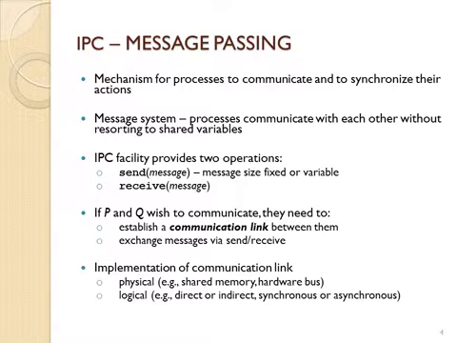Do the processes have to wait for each other to get the messages? Do the messages go directly from one process to another, or do the messages go through a mailbox? So today we're going to talk about not the physical way that the messages are passed between processes, but the logical way in which they're passed between processes.